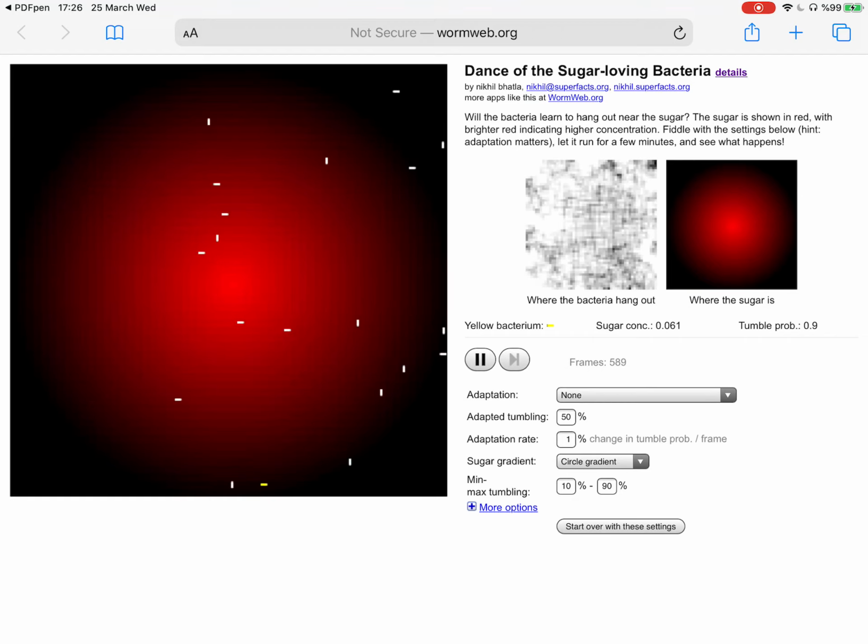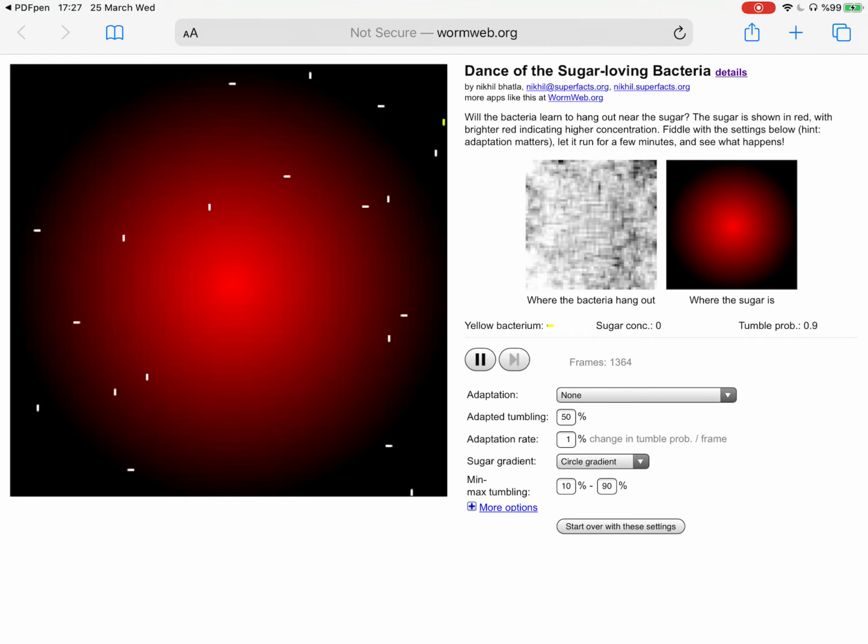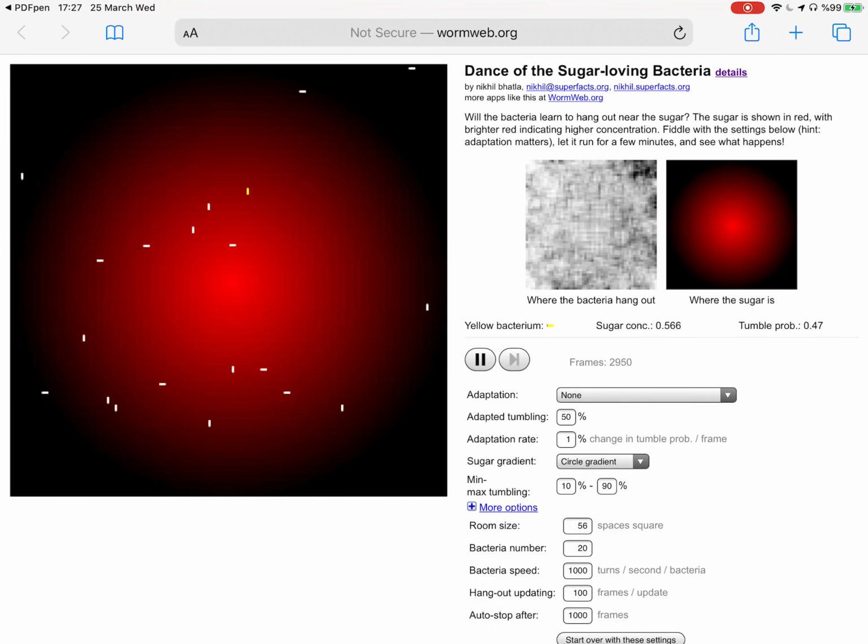So now what he did here is he's simulating a bunch of bacteria. Number of bacteria, 20 of them swimming around. And the red color represents the amount of sugar. So the brighter the red, the more concentration of sugar.